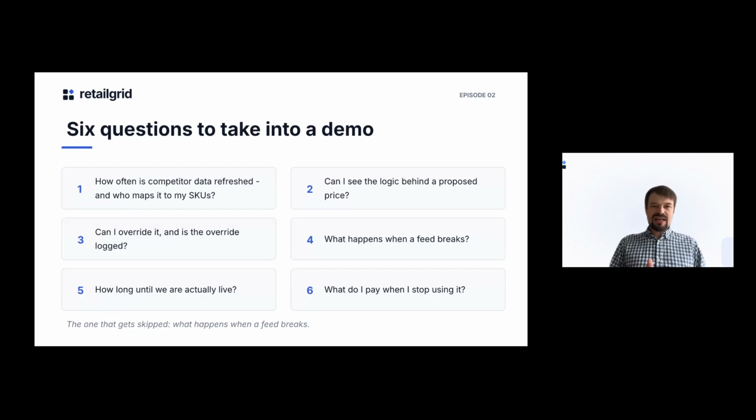Because if it's not possible at this pre-sale stage, I can guarantee you that you will face the same problems just after the signature is done. If you cannot push data quickly to the sandbox, you will not be able to push it quickly during the project. But you will start paying, you will be locked to the vendor, and you cannot do anything.